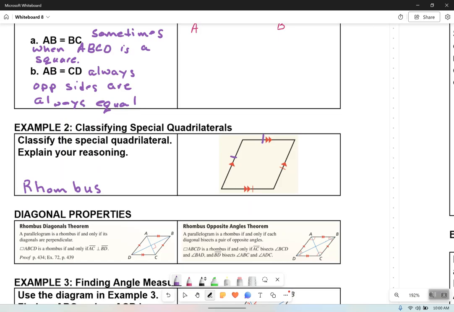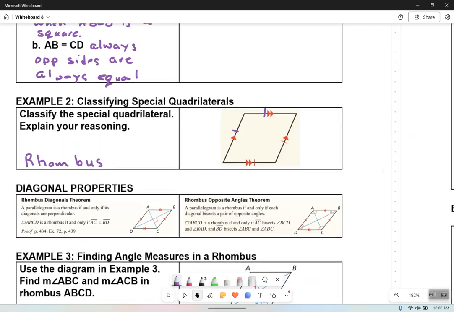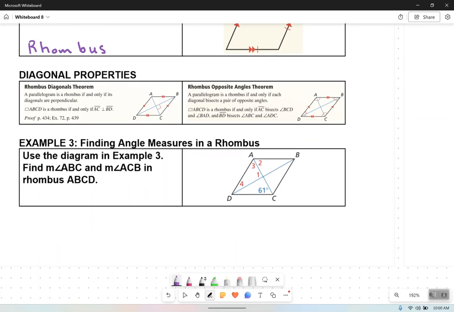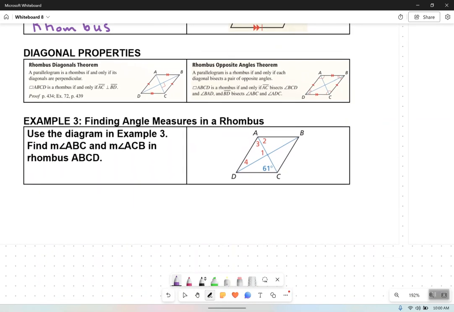Okay. All right, guys, let's talk some properties right here. Diagonal properties. Okay, anybody want to read that rhombus diagonals theorem for me? Right here, kids, it says, if you ever have a rhombus, what's going to be true about the angle formed between the two blue diagonals right here? Has to be what? 90 degrees. Okay.